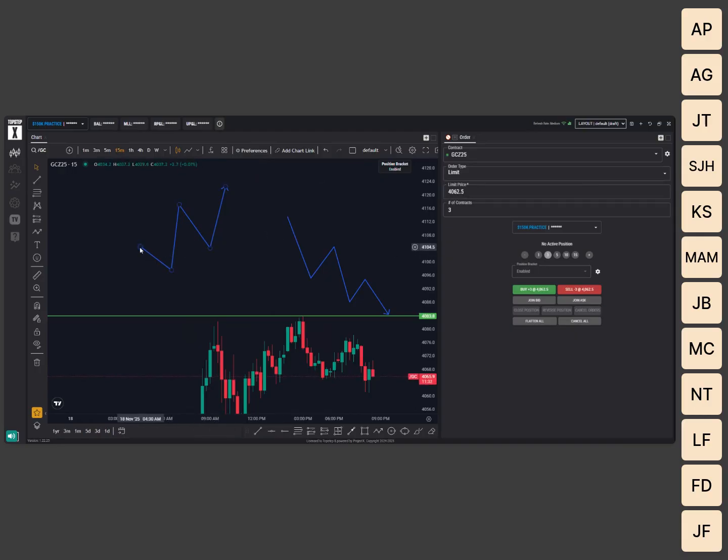This is a higher high, higher low, higher high, higher low, higher high, higher low, higher high, higher low, right? We know that if this chart keeps continuing to make higher highs and higher lows, it could infinitely move in that direction, unless there is something that causes the trend to change.